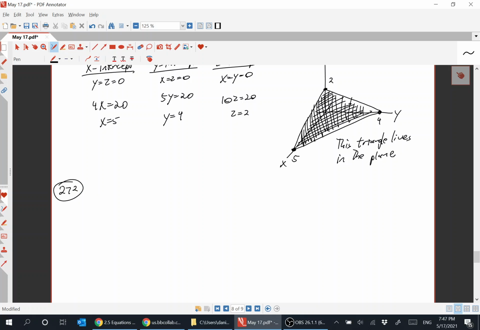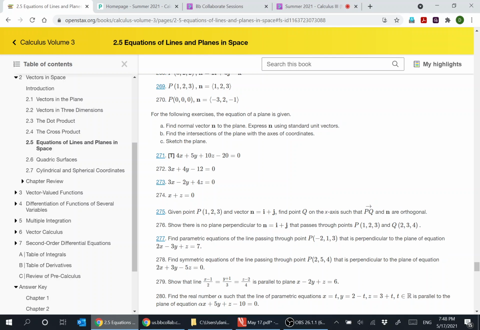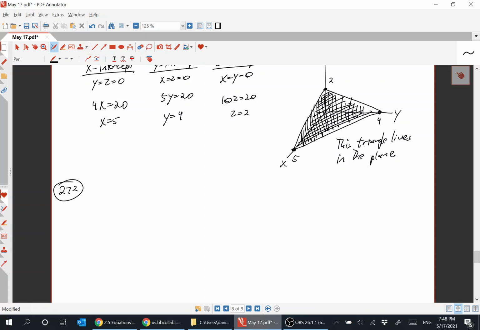272, same issue. 3x plus 4y minus 12 is 0.